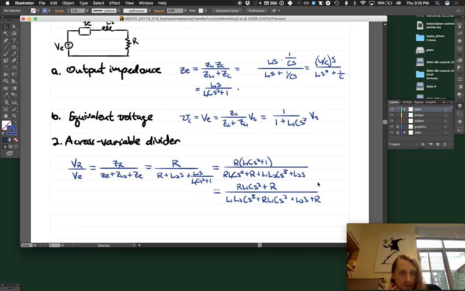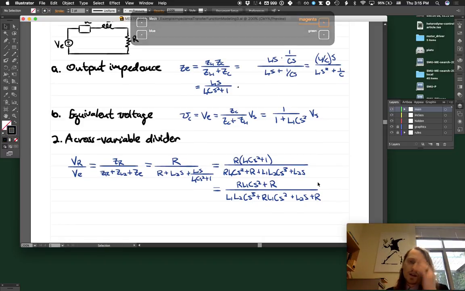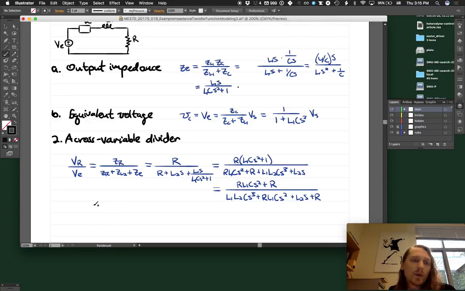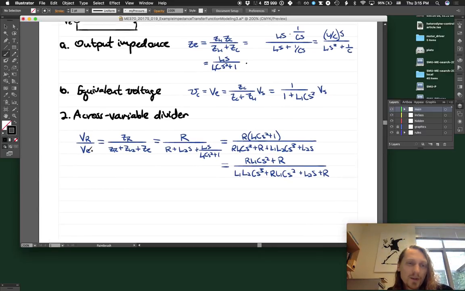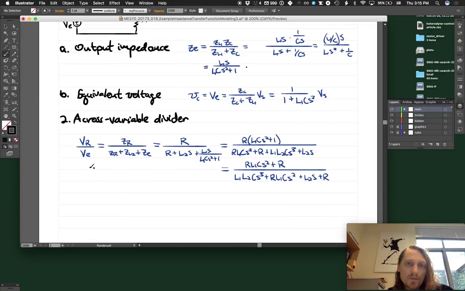So the final step then is to remember we have VR over VE, but what we want is actually, well, there's a couple of final steps. Sorry, 2 final steps. First thing is we need to change this VE into a VS. And we can do that by going back through the equivalent voltage relationship. We see that VE is just equal to this times VS, right? And so, in a twist of fate, we just distributed out this 1 plus L1C S squared term.